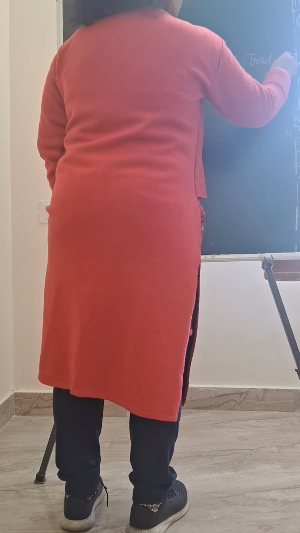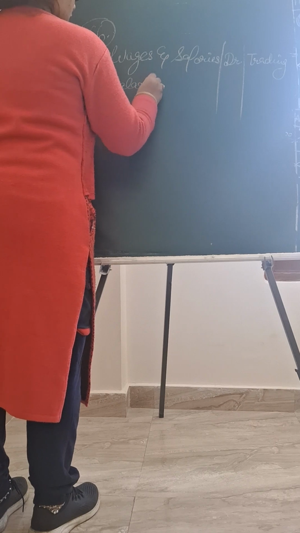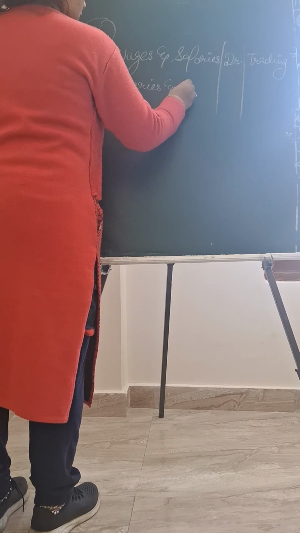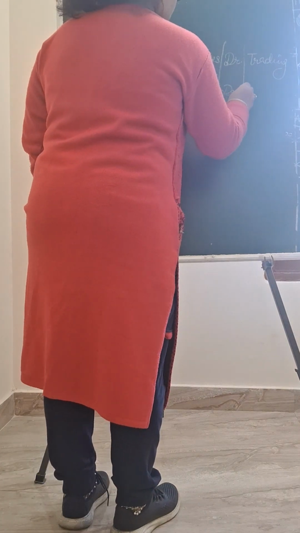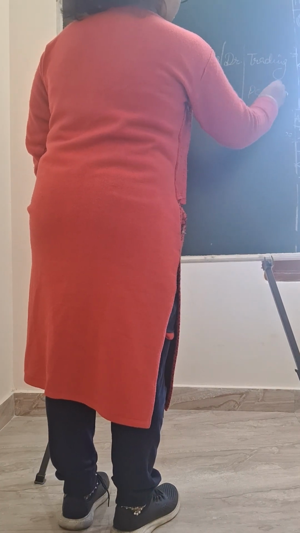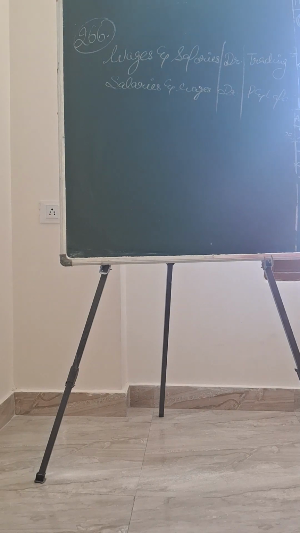The trading account. And if it is written salaries and wages, then it is on the debit side of the P&L account. So this is very much clear. Next important thing, there is a difference between the two. Just go through these two differences, wages and salaries, and salaries and wages. There is a difference in the form of accounts.